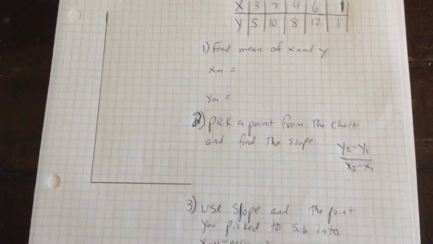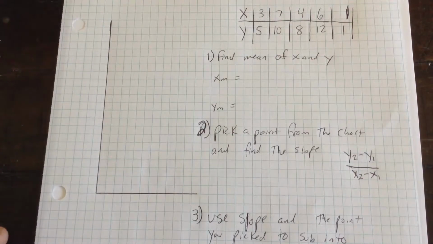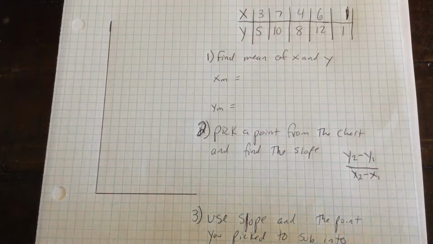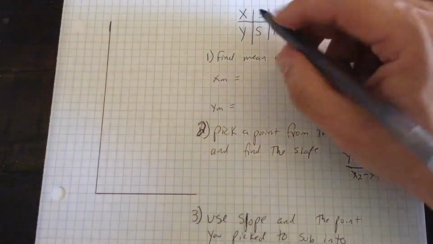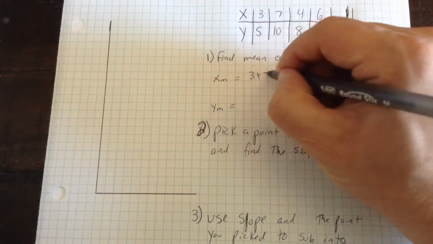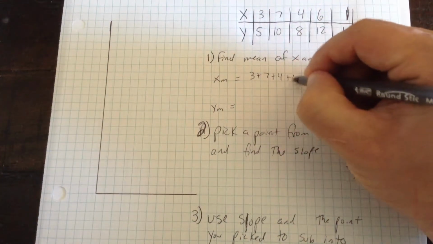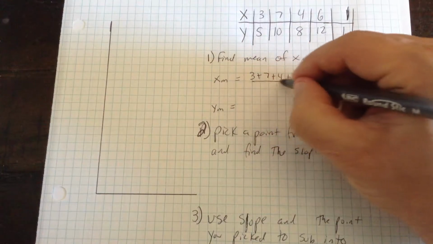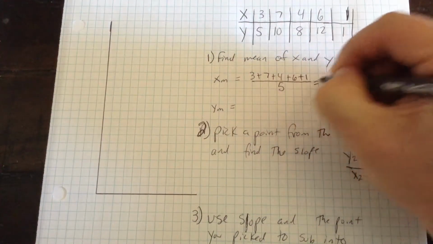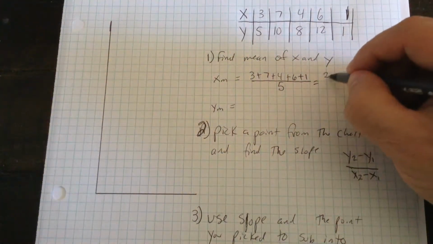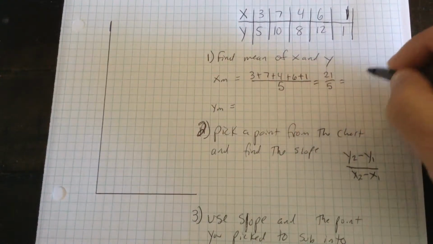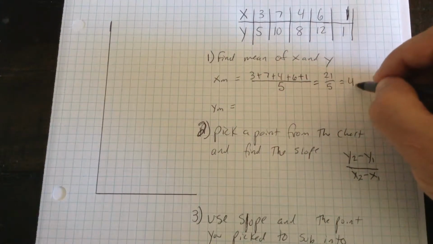So, if I start, my first step is just to find the mean of x and y. I've got to add them all up and divide by 5. So 3 plus 7 plus 4 plus 6 plus 1 divided by 5 equals 21 divided by 5, which equals 4.2.